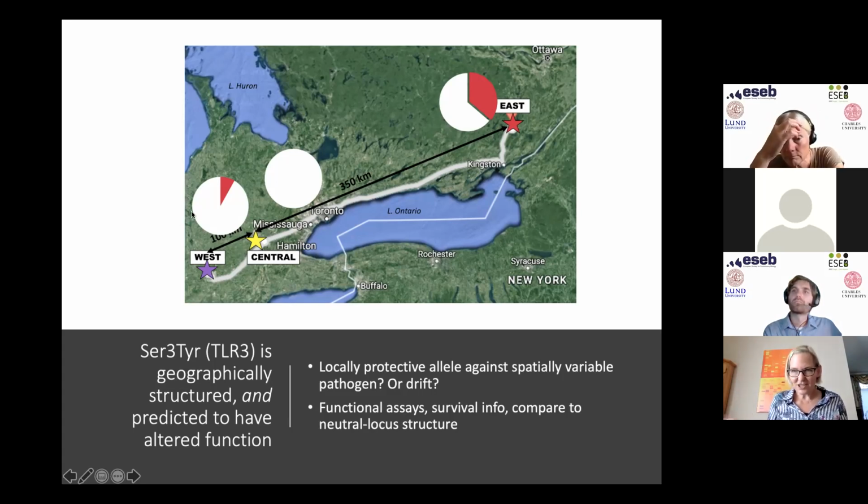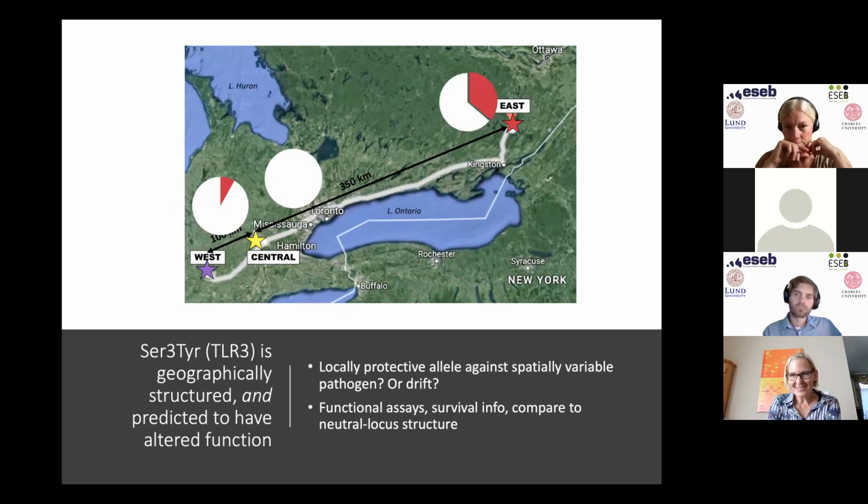Interestingly, this is also one of the sites that Provean, the effect analyzer, predicted to have a very substantive effect on protein function. So we think it's possible then that this could represent a locally protective allele that maybe protects against some sort of pathogen that may vary spatially over this geographic scale.